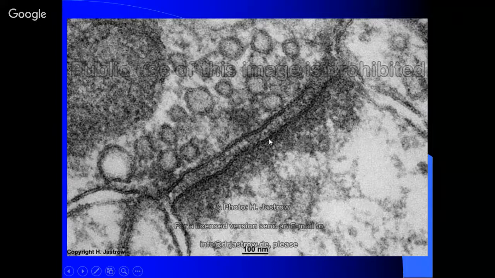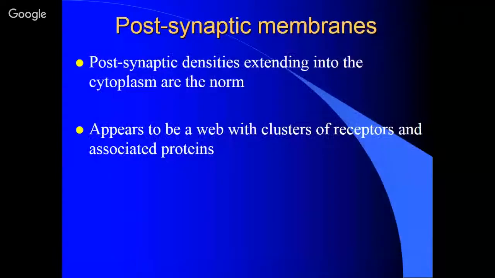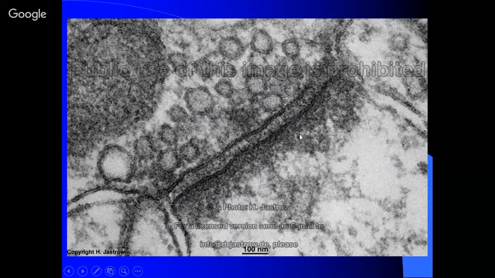You almost never see the evidence of a totally fused vesicle. I don't know whether it's because the process is too fast for the animal to catch, but you hardly ever see that. And then the postsynaptic density we just saw extends into the cytoplasm, and that's normal for it to do that. It creates a web of receptors and machinery that are going to activate the rest of the cell membrane.